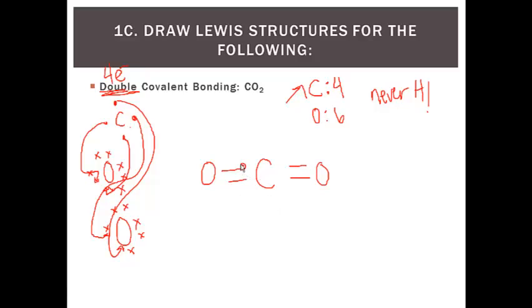So half of them come from carbon, so I'll draw those in. And then half of them must come from oxygen, so I'll draw those in as well. So there's carbon with its 1, 2, 3, 4 electrons taken care of. And then we have oxygen, which is supposed to have 6. Now I've only accounted for 2 out of the 6, so these other 4 need to go around the oxygen.